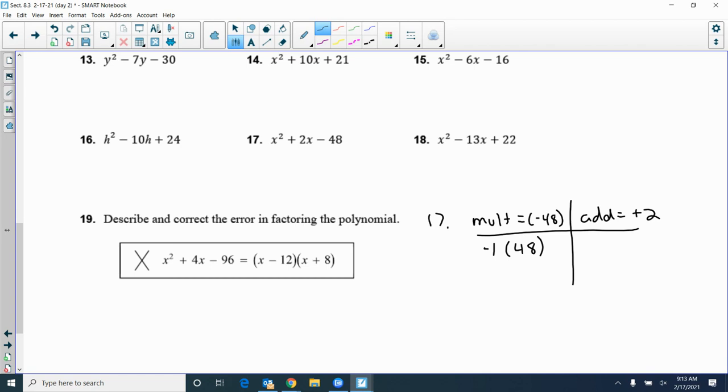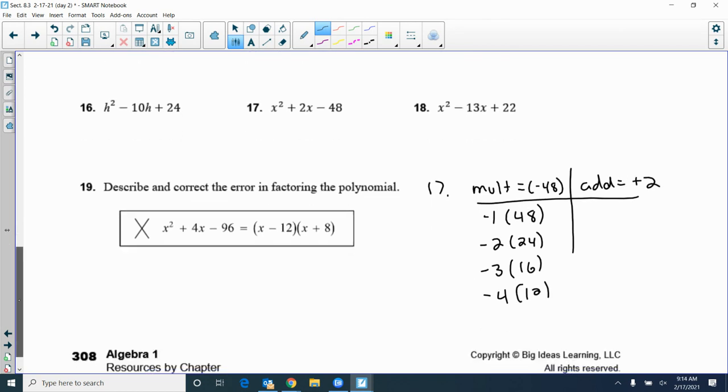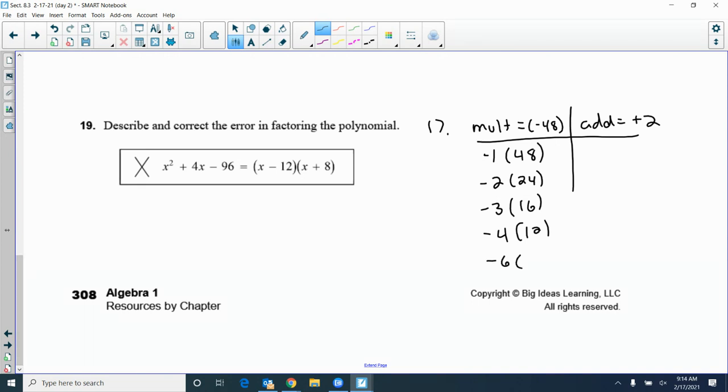So negative 1 times 48, negative 2 times 24, negative 3 times what? Use your calculator if you need to. Negative 3 times what equals 48, Morgan? 16. How about negative 4? 12. 5 doesn't go into it, does 6 go into it? 6 and 8. Negative 6 and 8.